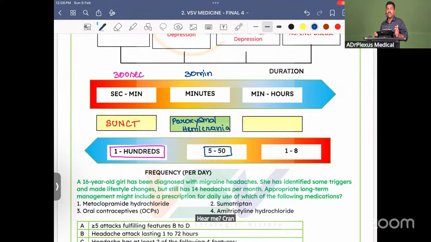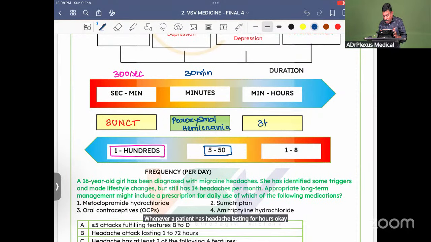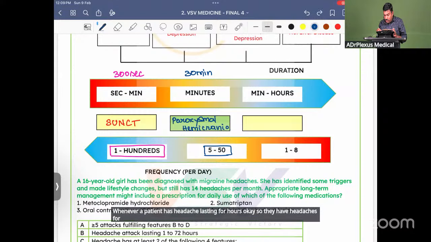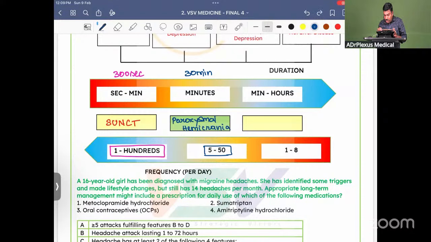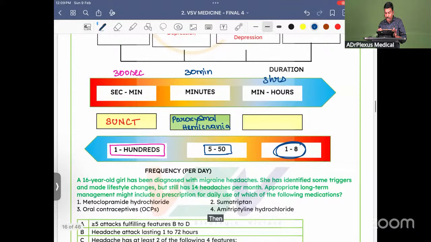Whenever a patient has headache lasting for hours, around 3 hours, and in a single day gets 8 attacks, then it is going to be our cluster headache.